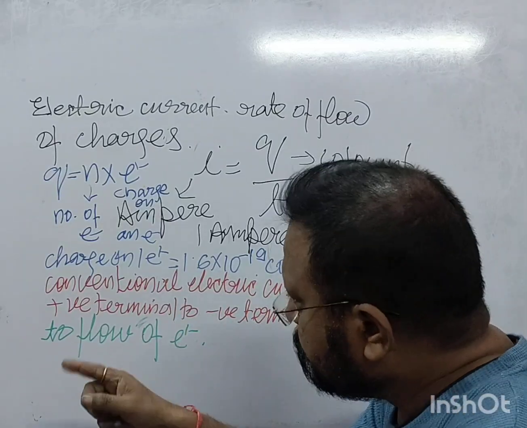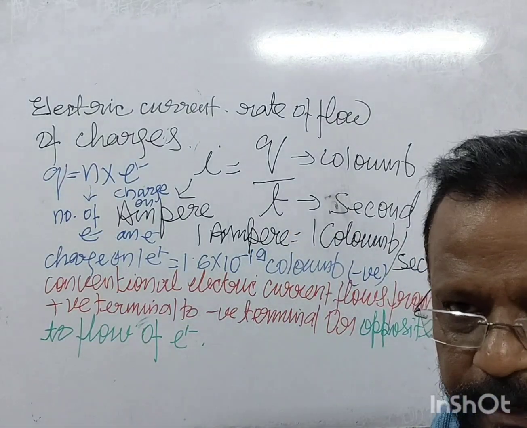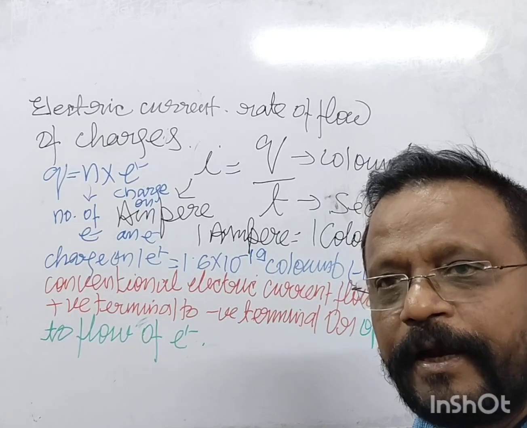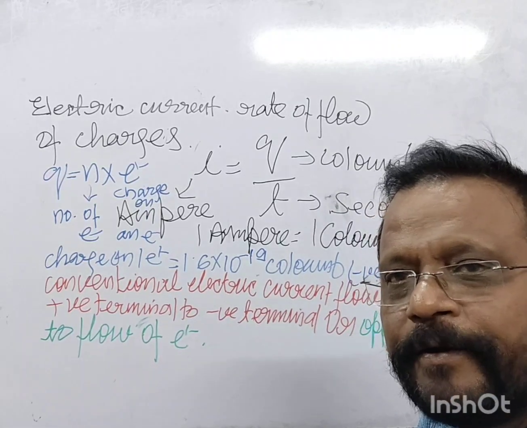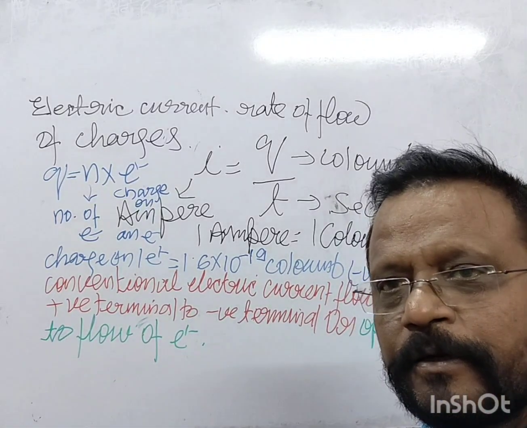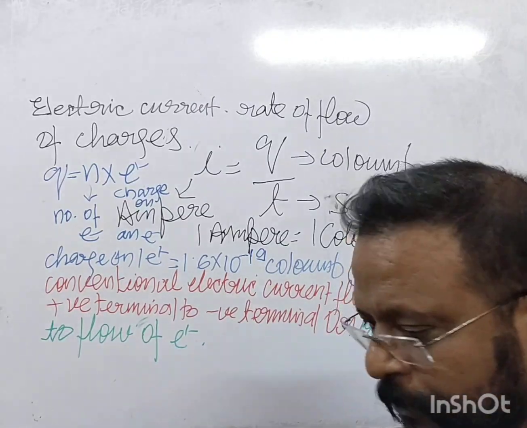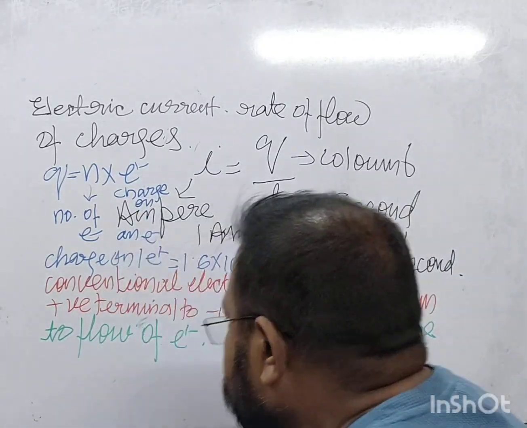That is the direction of conventional electric current, always opposite to the flow of electrons.